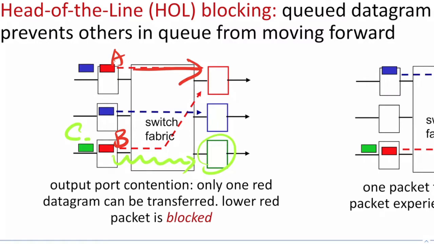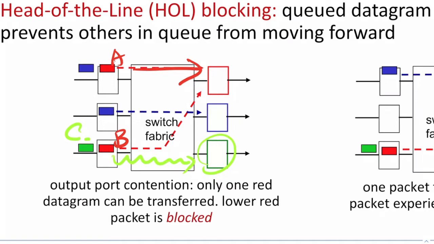We have several different packets that need to be forwarded. The A, the red one, goes to the red output, and for the third input port, we have datagram B and datagram C, but datagram B also goes to the red output port.